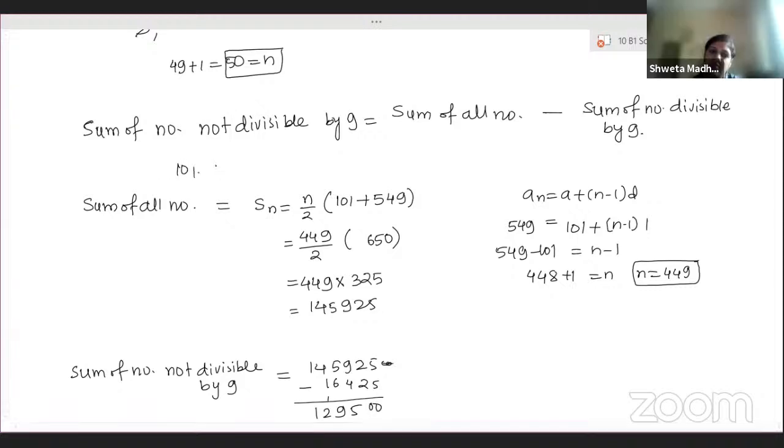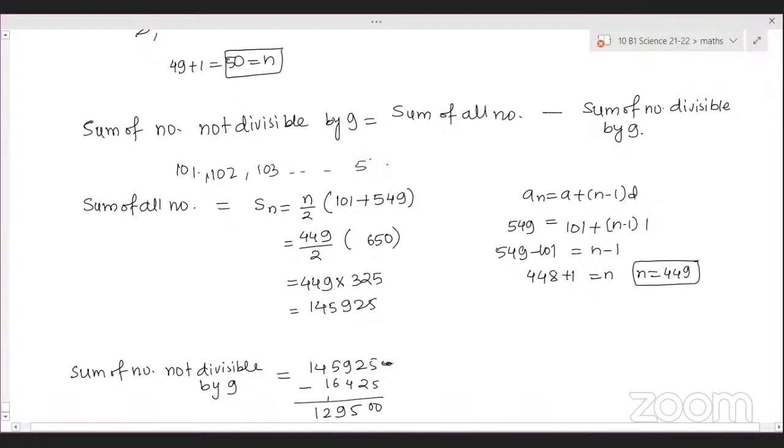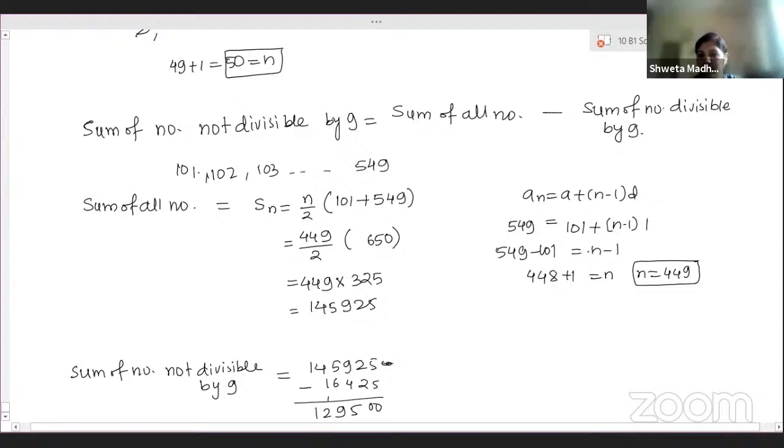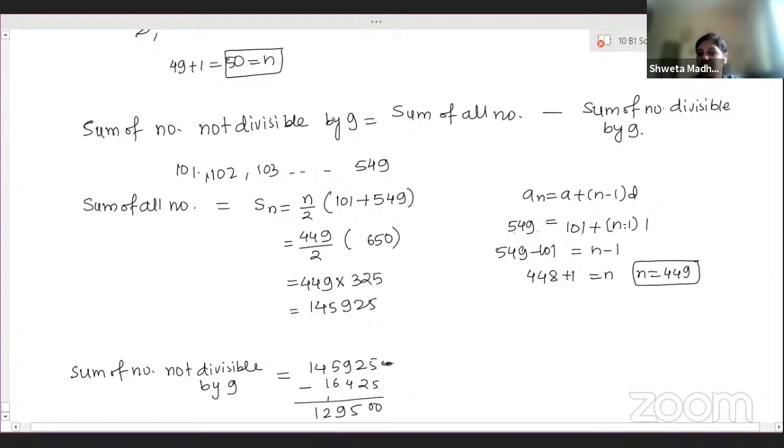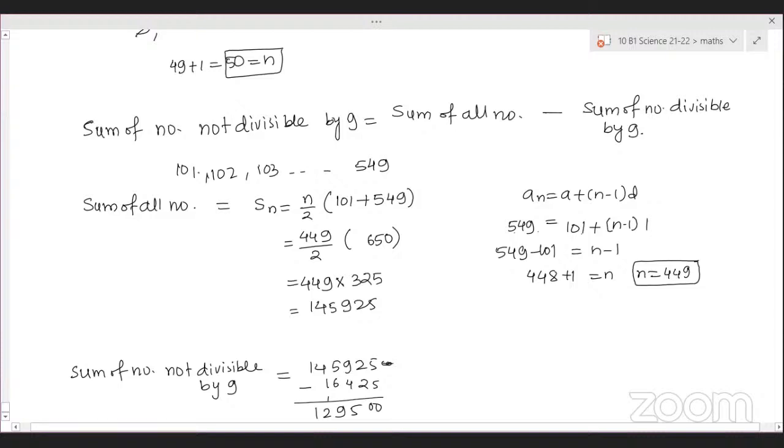What is the position of 549? You need to calculate the n value. So 549 is equal to 101 plus n minus 1 into difference 1. And we will get 449. So there are totally 449 terms.